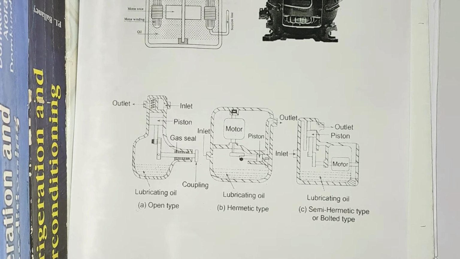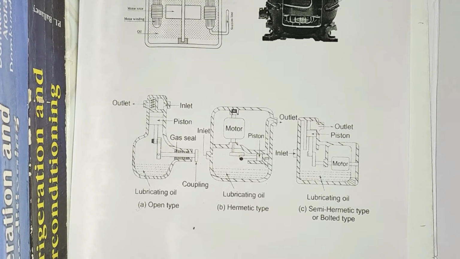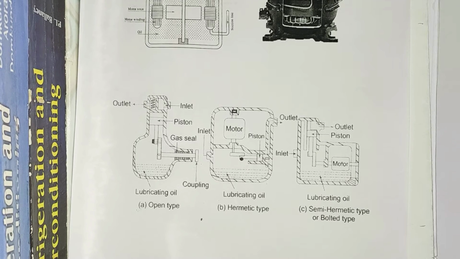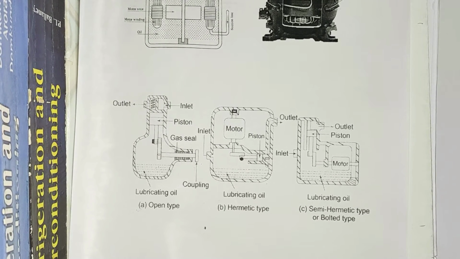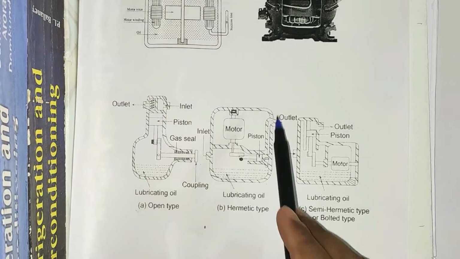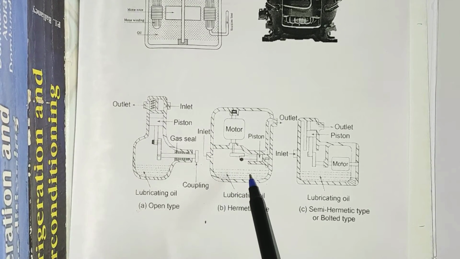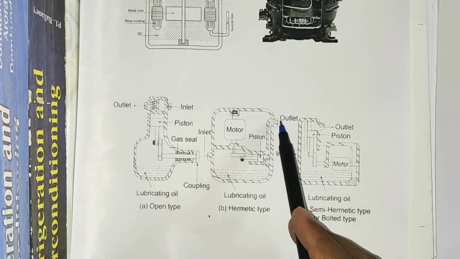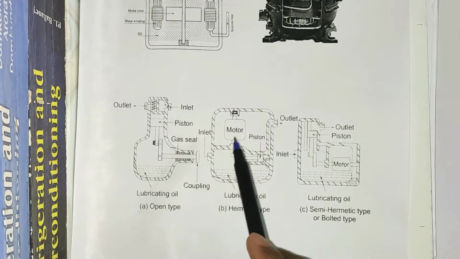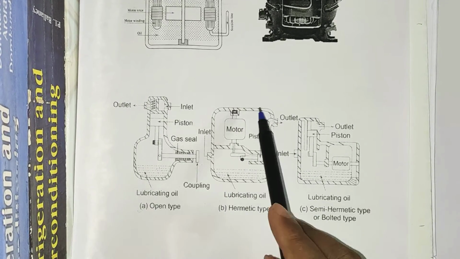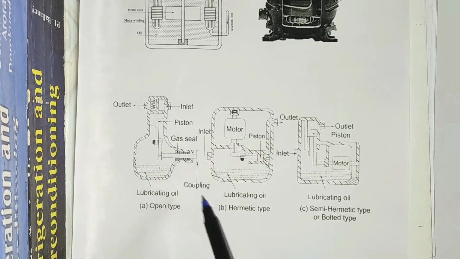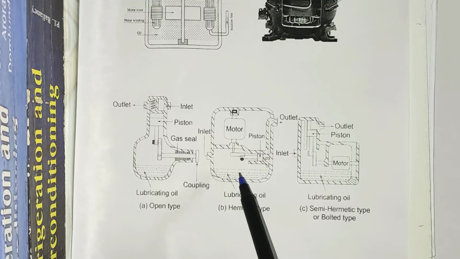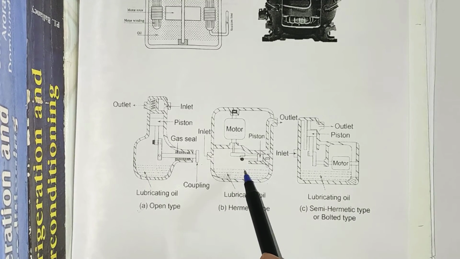So in the case of a hermetic compressor, both the motor and the compressor are enclosed in a single outer welded steel shell to prevent the leakage of the refrigerant. This housing has welded connections for the inlet and outlet of the refrigerant, and also a power input socket. This one is the power input socket. As a result of this type of arrangement, there is no possibility of leakage of the refrigerant from the compressor.